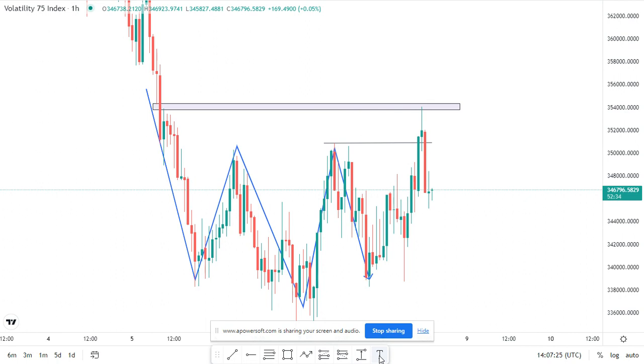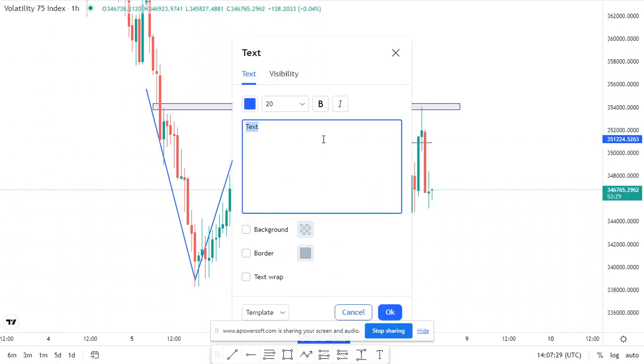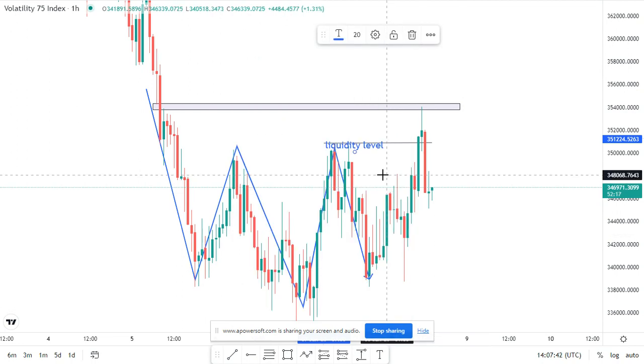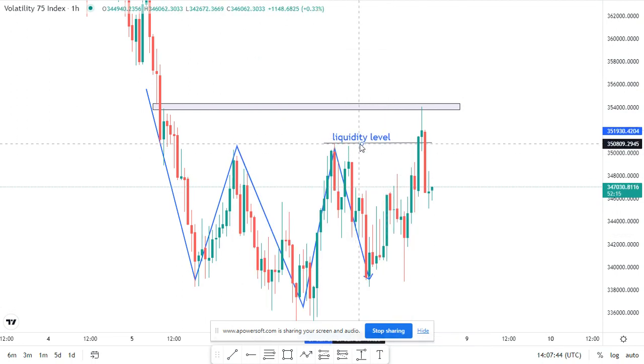This is called a liquidity level. This high is a liquidity level.